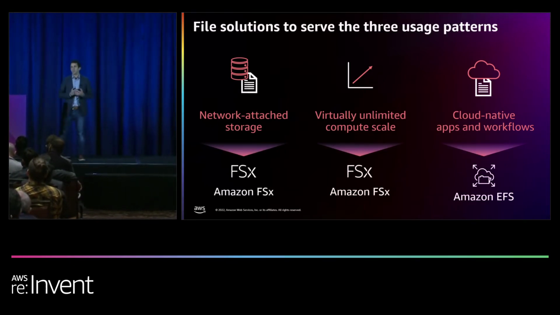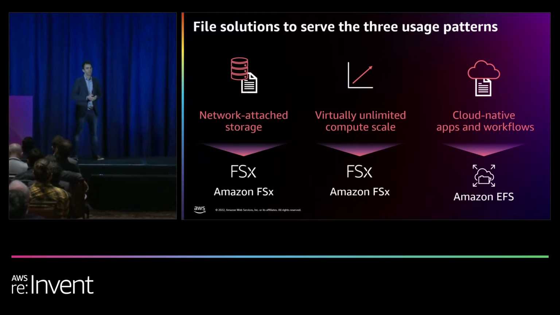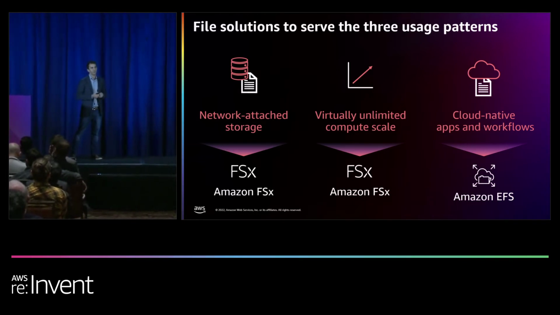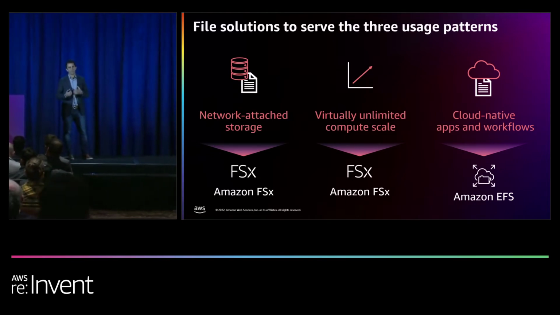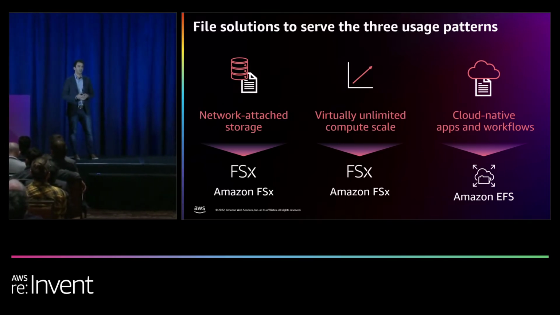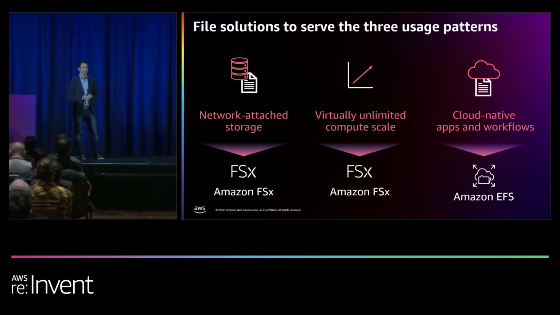And for the last few years, we've been razor-focused on working backwards from these use cases to develop storage offerings that meet the needs of these particular use cases. That includes Amazon FSx, which we purpose-built for network-attached NAS storage, as well as scale-out workloads. And we've done so in a cloudified way to take advantage of the best of the cloud, as well as the best of traditional network-attached storage.